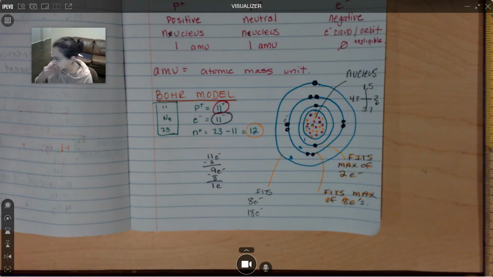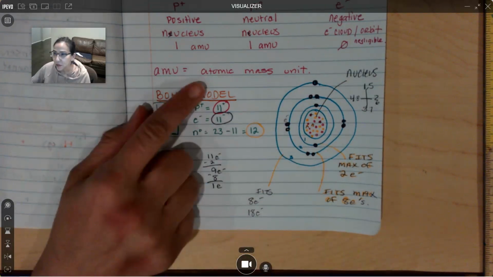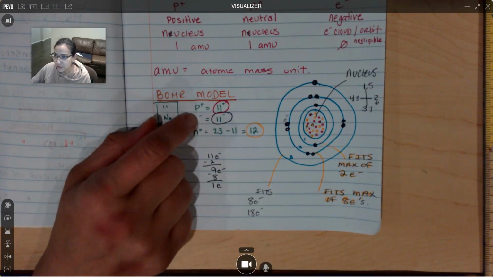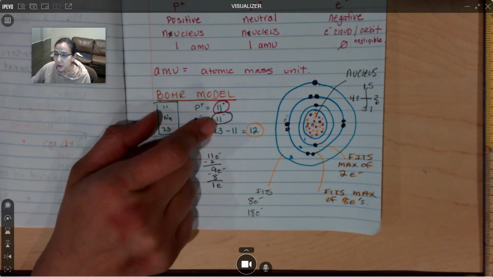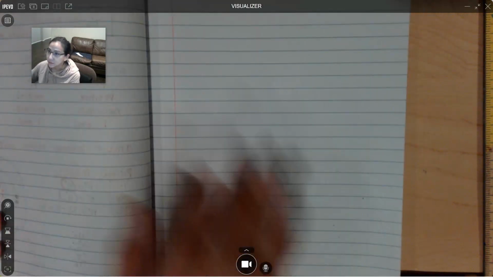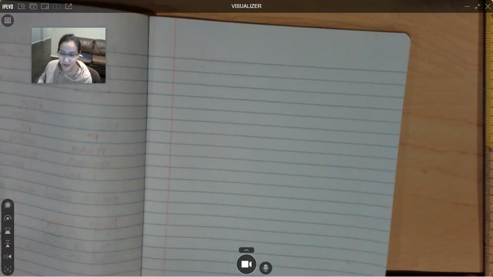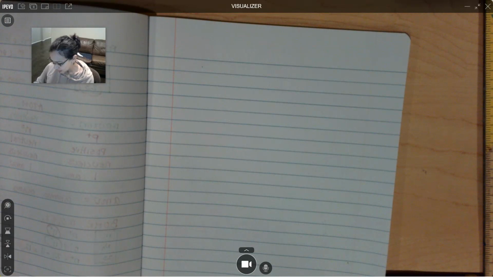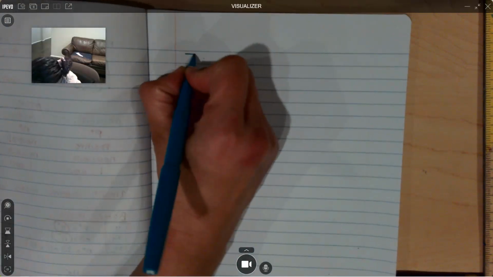Okay, now that we understand that protons are positive and electrons are negative, those charges cancel each other out when they are equal. Sometimes they're not equal. So the way we create electricity is by having something called ions.